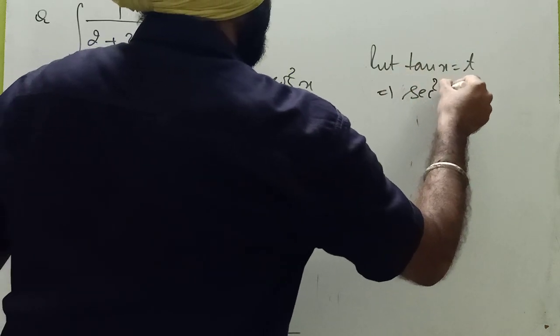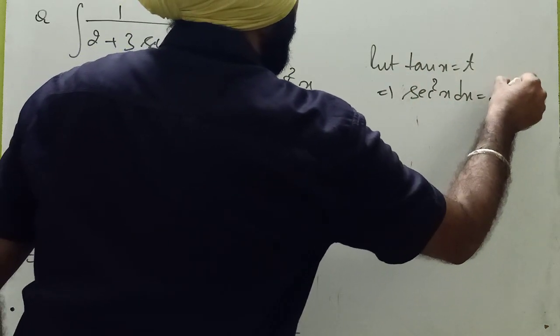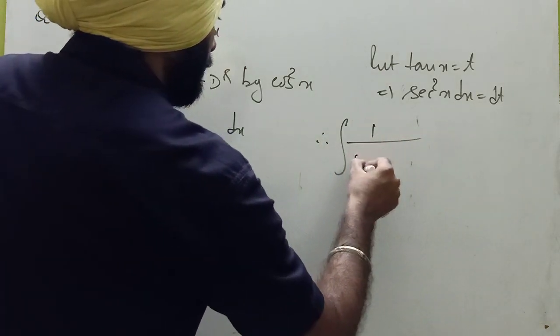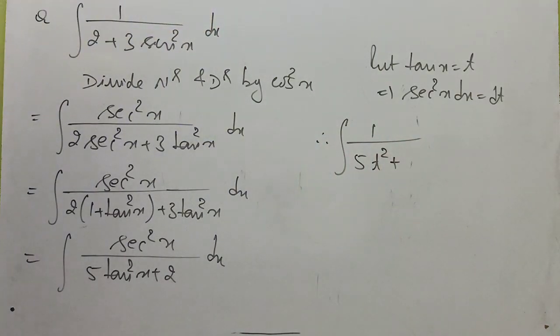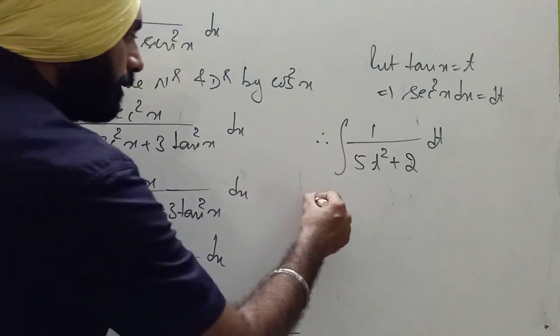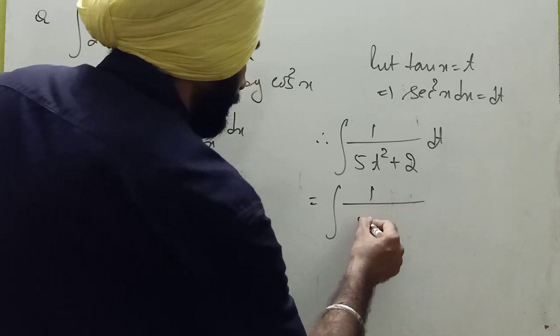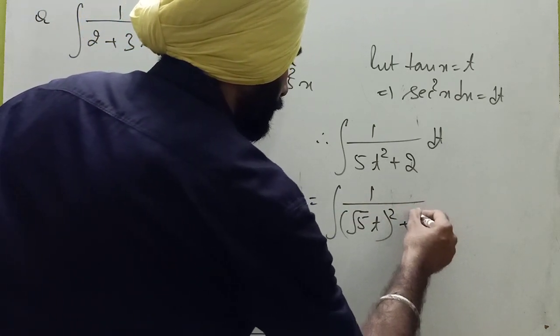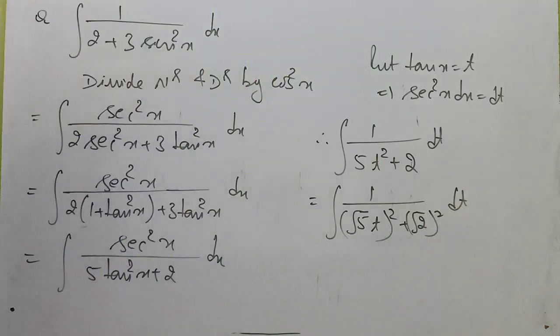Derivative is secant square x dx equal to dt. So what is the integral? 1 by 5t square plus 2. Now we have to integrate this. This can be written as 1 by under root 5t whole square plus under root 2 square, and apply the formula.